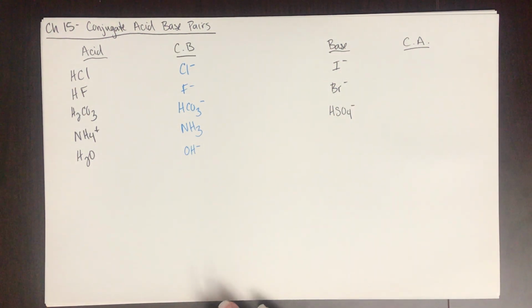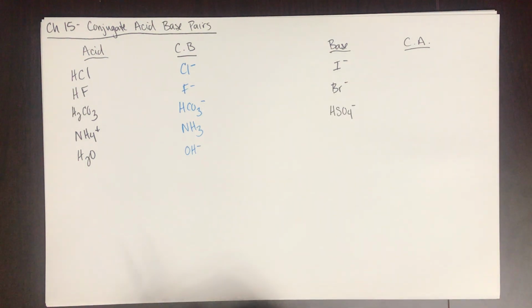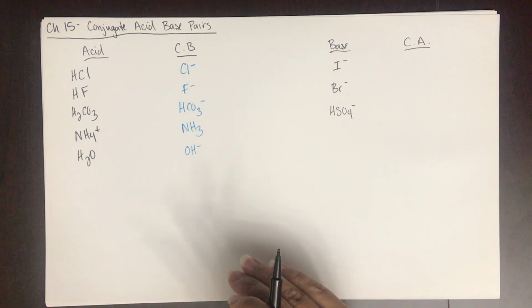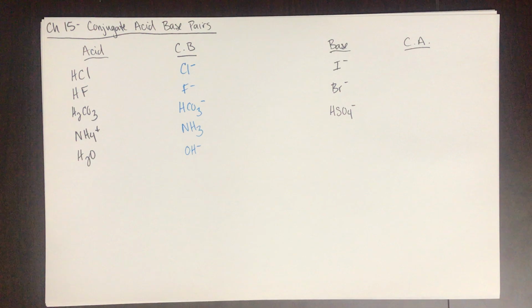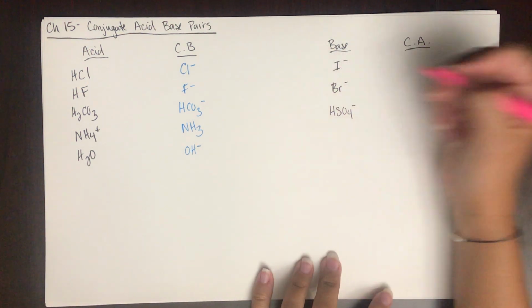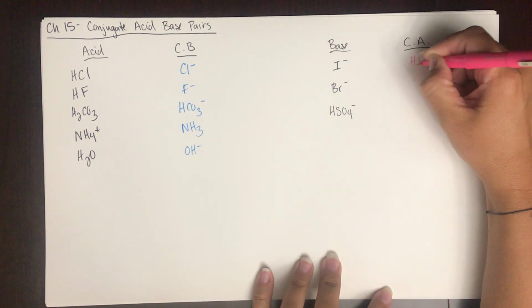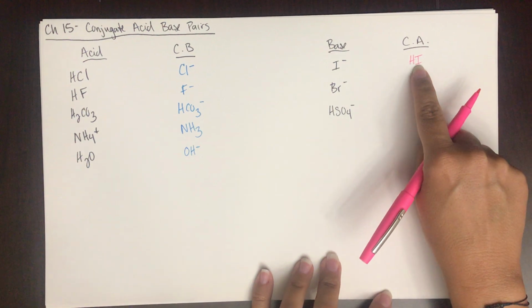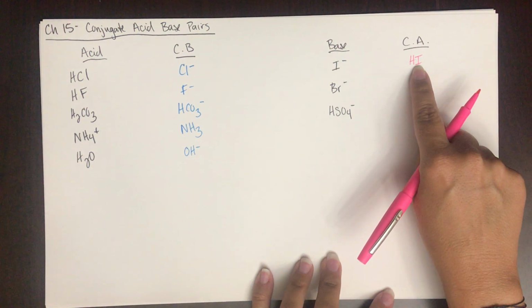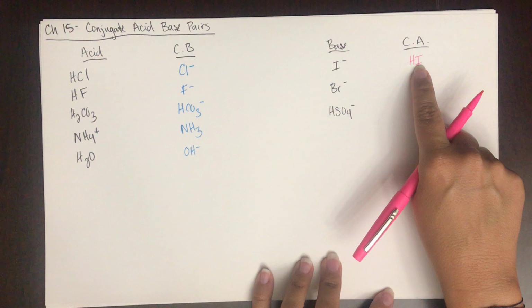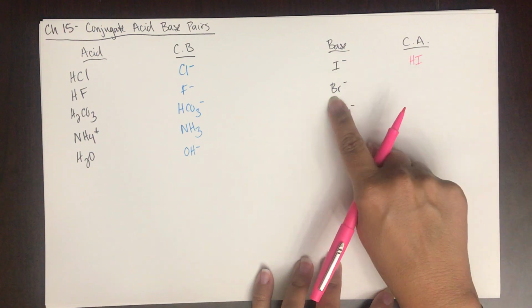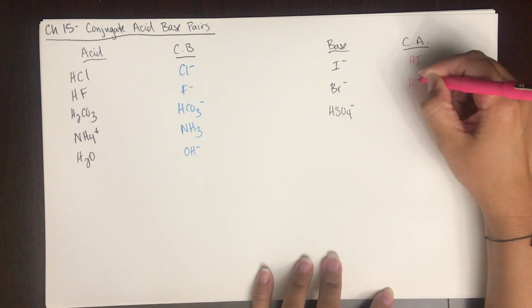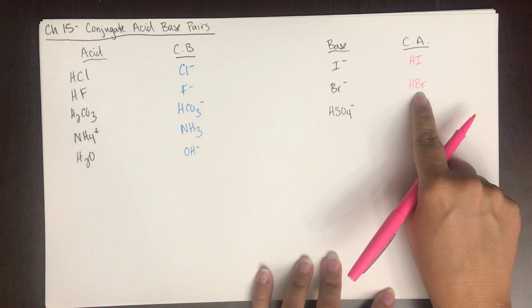So remember, the difference between the base and the conjugate acid is that we are adding a hydrogen ion. So if we add a hydrogen ion, the hydrogen's going to go in the front. It's going to be HI. This is hydroiodic acid, or hydrogen iodide. The hydrogen goes in the front. Here it would be HBr. This is hydrobromic acid, or hydrogen bromide.